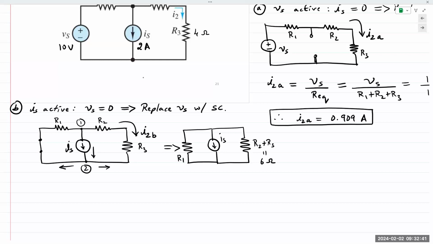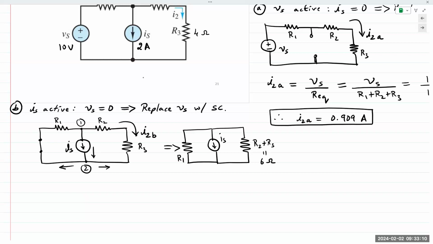So you can apply current division. At this point, you can apply any technique you want. You can reduce the entire circuit to just one single resistor, apply Ohm's law, find the total voltage between 1 and 2. Or if you want to skip those steps, we apply current division directly, which is the same thing. Current division is derived from Ohm's law. And so you can apply current division directly.